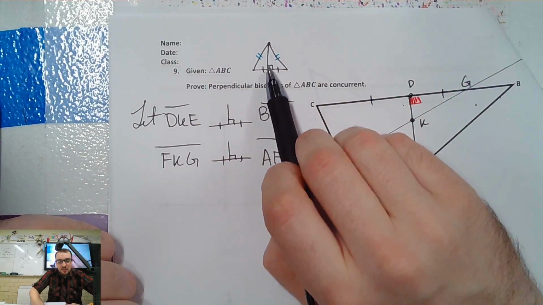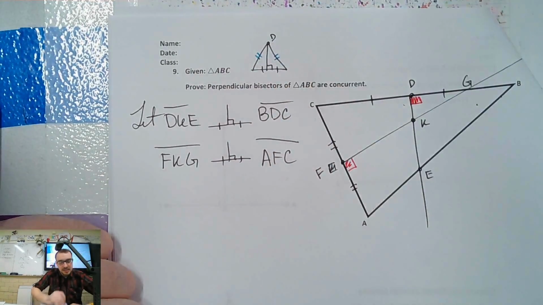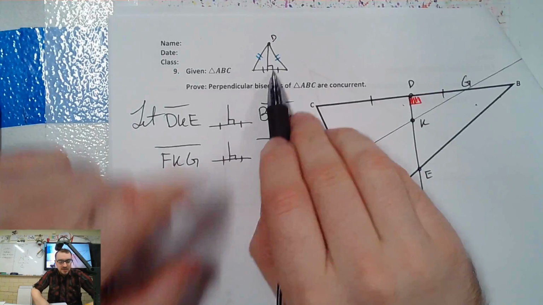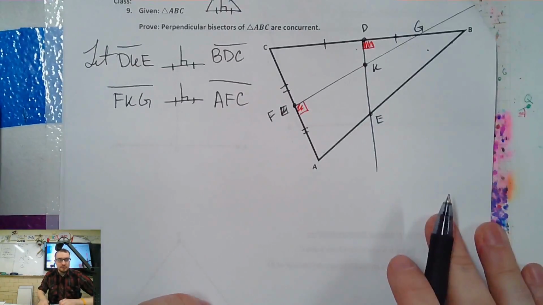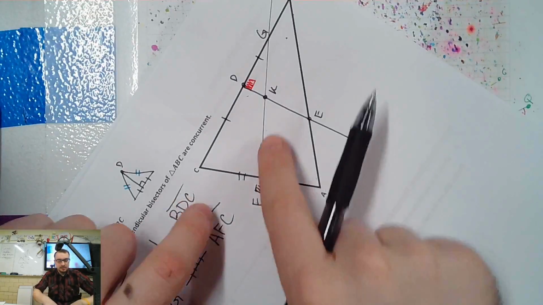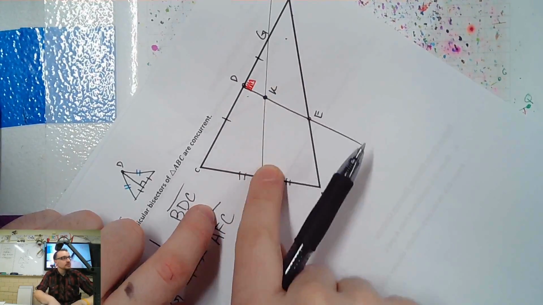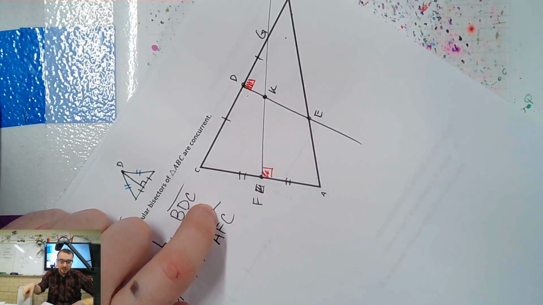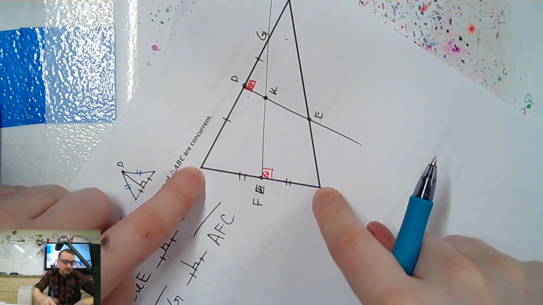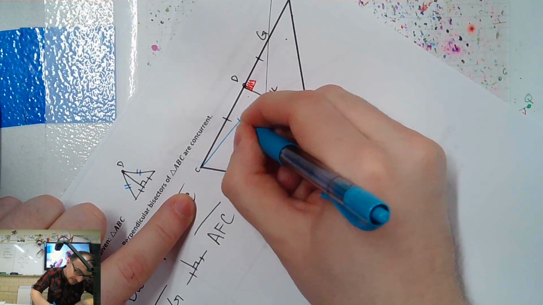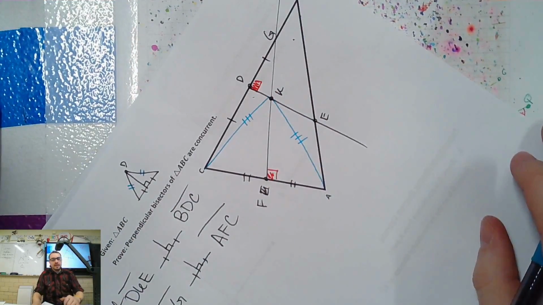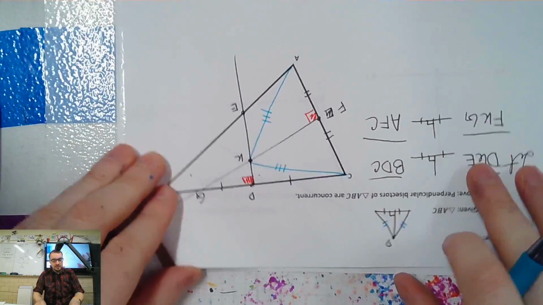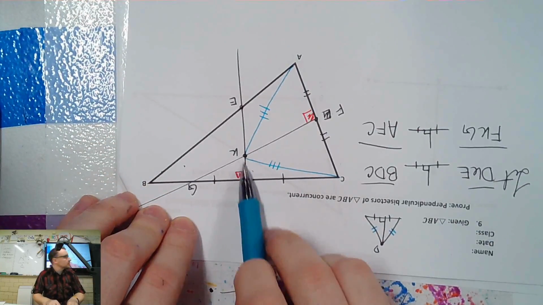So if a point, like this point here, D, is on the perpendicular bisector, then it's equidistant to the endpoints. Do we see that? Okay. So isn't K on a perpendicular bisector? So shouldn't it be equidistant to this guy's endpoints? It is. Let's draw on those lines. Now, isn't K on this perpendicular bisector?